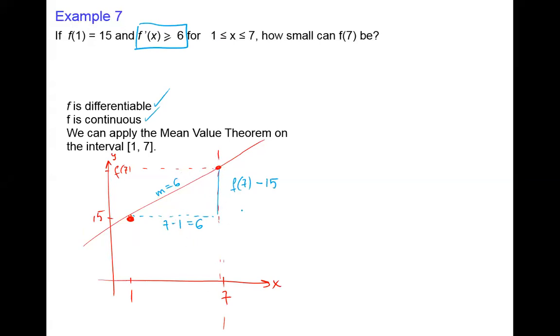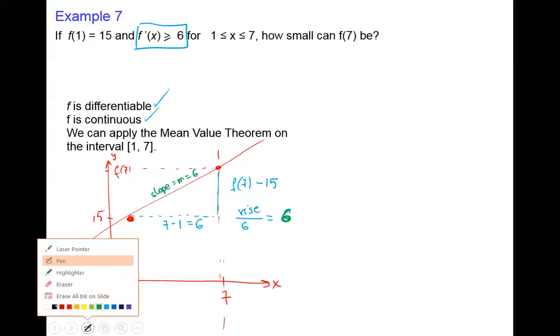Because I need rise over run. Run is 6. And I have to get 6, the slope. Let me use a different color for the slope. Okay, that's just a coincidence that it's 6. And if this is 51, I can put 51 based on Joe's answer.